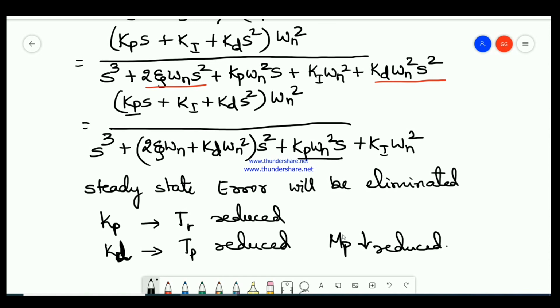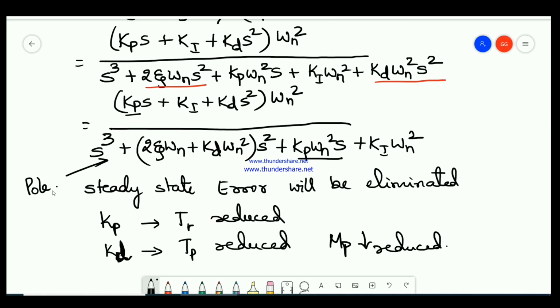Once the peak time reduces, the output reaches very fast, so the settling time is also reduced. So all these times are interrelated. If one time specification reduces, other times also reduce. As s cube is there, this system will introduce one pole, therefore the stability concern does not arise in the PID controller.